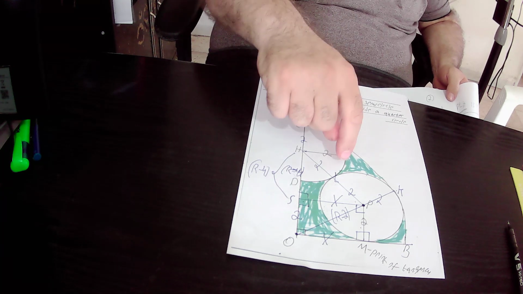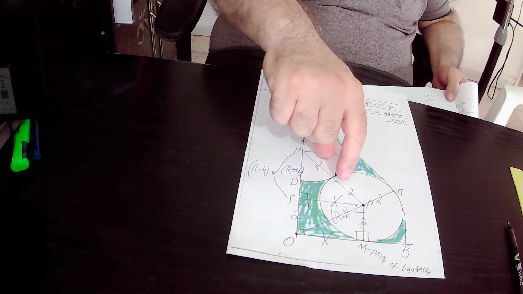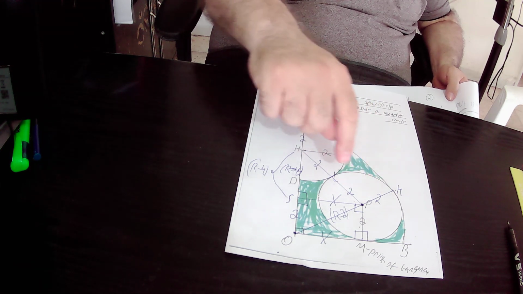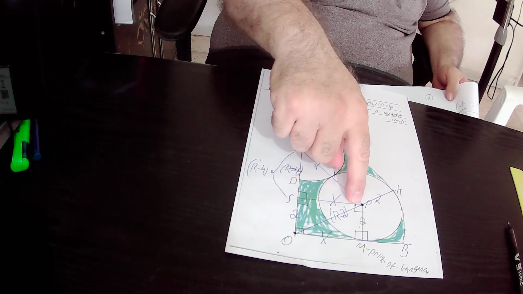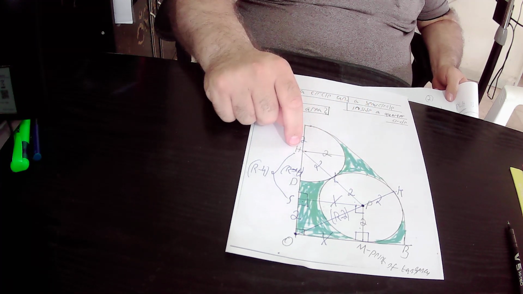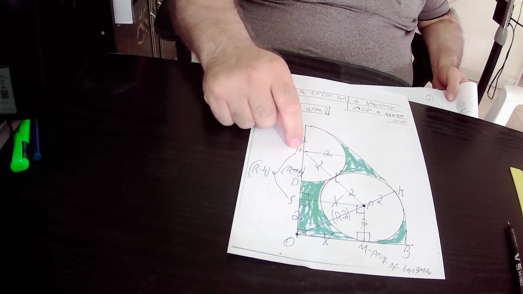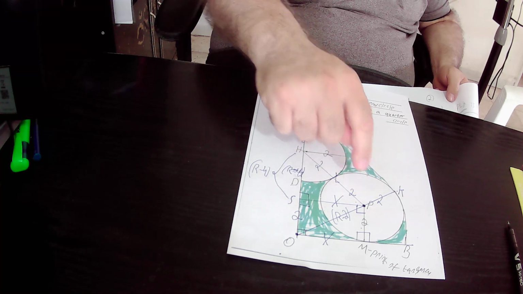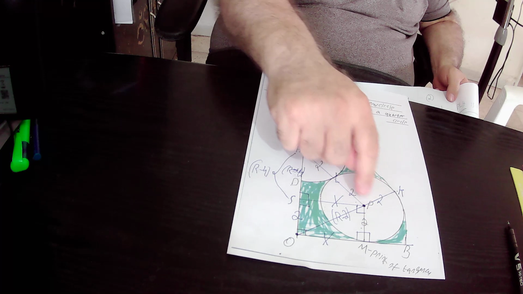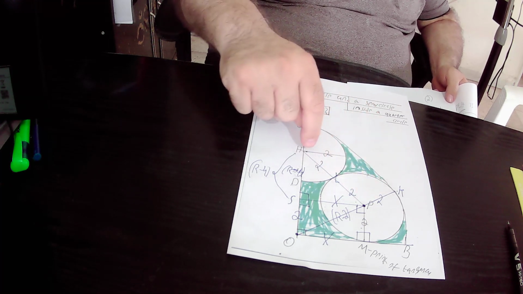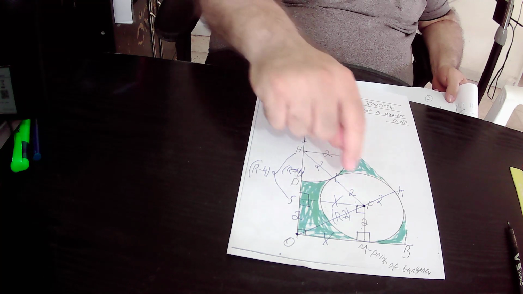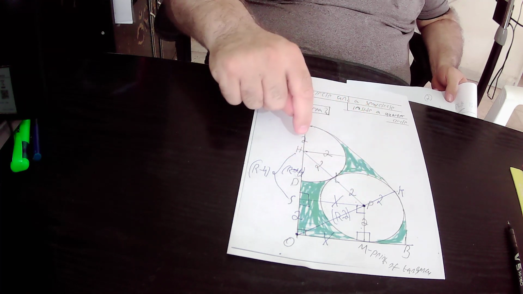Whenever you have an external touching between two circular shapes, then the straight line that joins their centers together, here point P is the center of the circle, point H is the center of the semicircle. So points P and H are the centers of those two shapes, and the straight line that joins their centers together is PH.